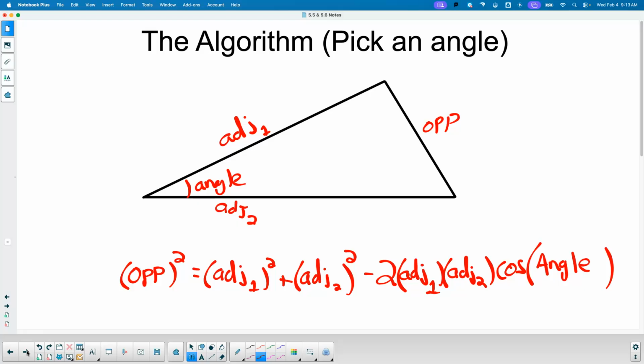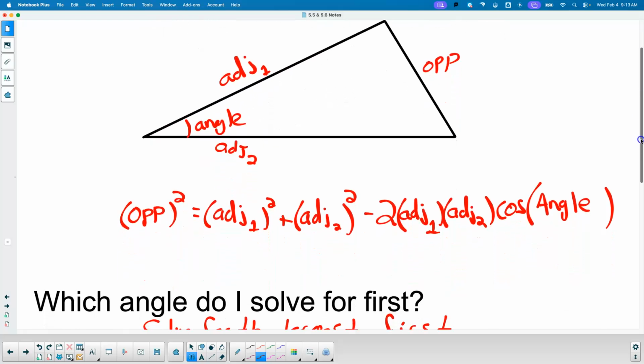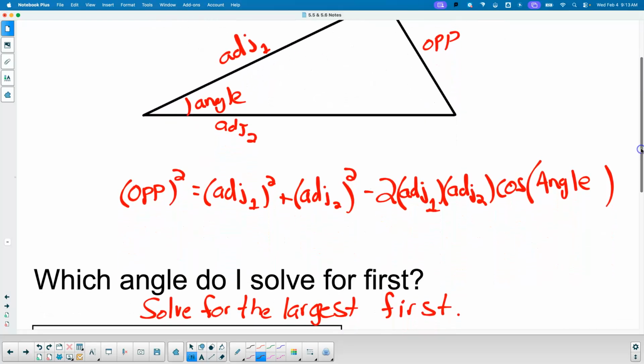In the law of sines, we solved for the smallest angle first. In the law of cosines, we solve for the largest angle first. And that comes back to our discussion that we had first semester about where the inverses are. Inverse sine was the right side of the unit circle.